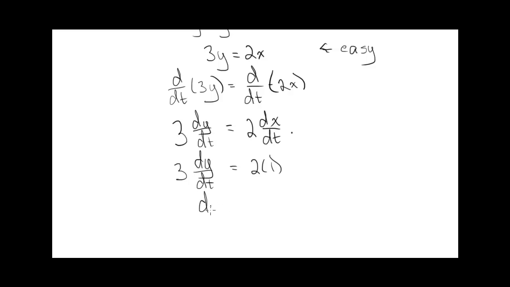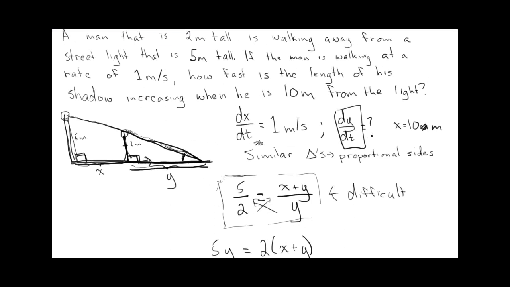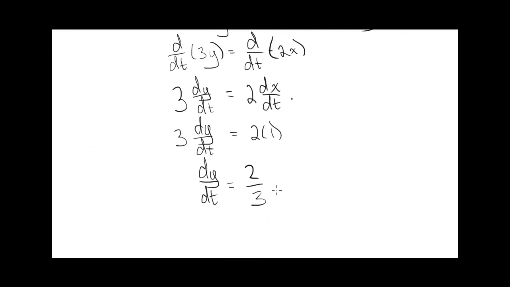And if you solve for dy/dt, divide both sides by 3. 2 divided by 3, and then I believe the units were meters per second. So 2 over 3, which is 2.67 meters per second.